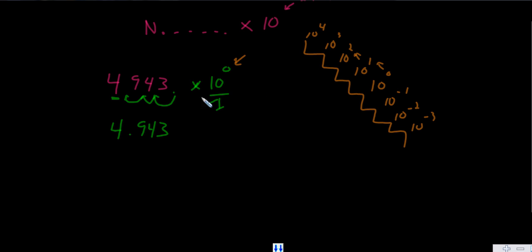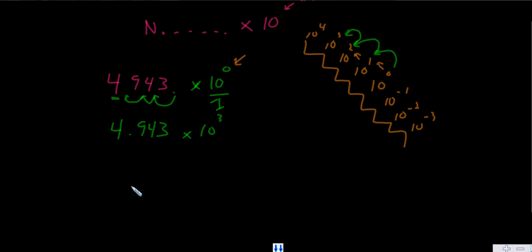In this case, we move the decimal 3 times to the left, so you see it hops over 3 times to the left, i.e. 3 times also up. And so we change that 10 to the 0 into a 10 to the 3.